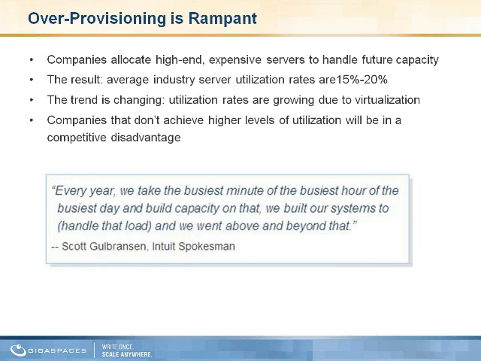However, on average, the loads are much lower. So we end up with an industry statistic of about 15 to 20% utilization rates of data centers. This obviously is cause for a lot of waste because our resources are idle 80 to 85% of the time.